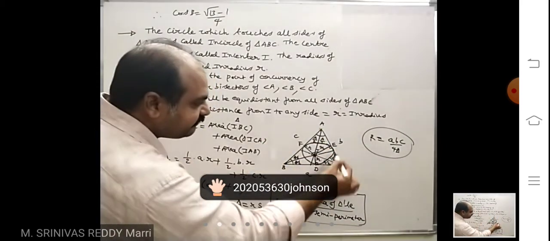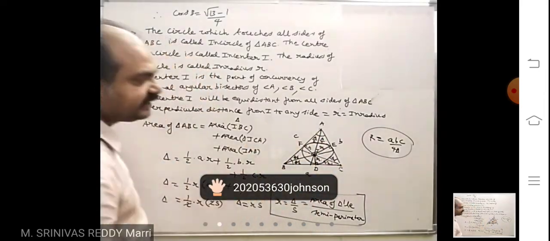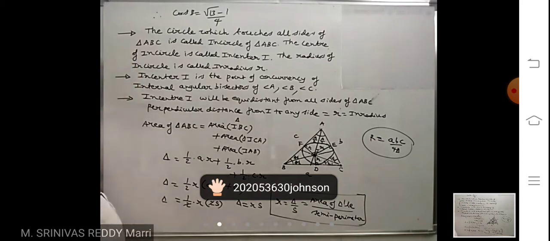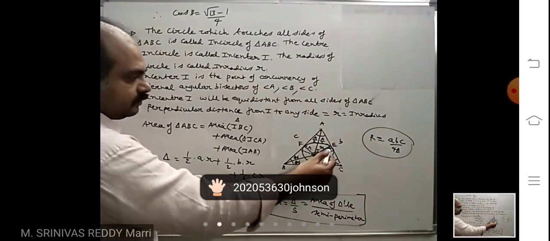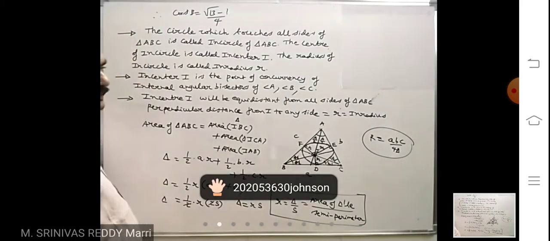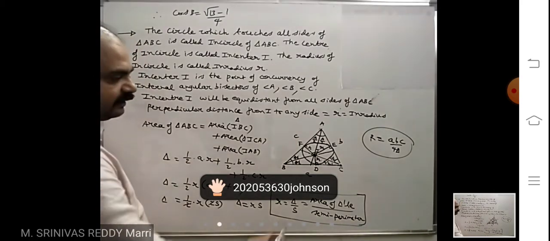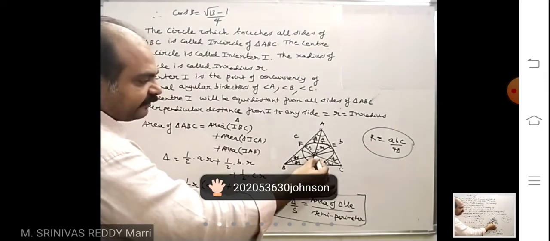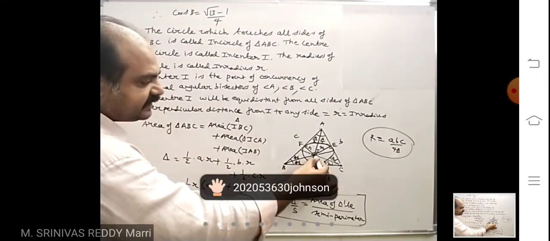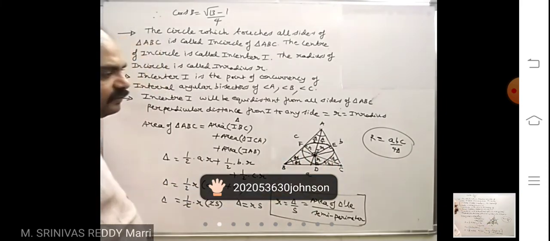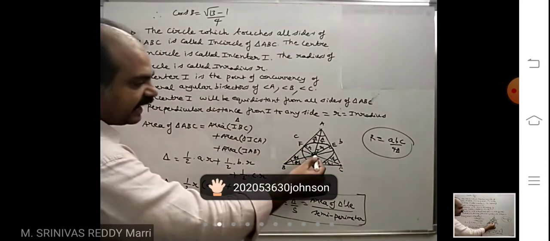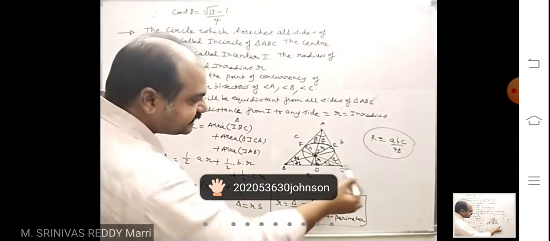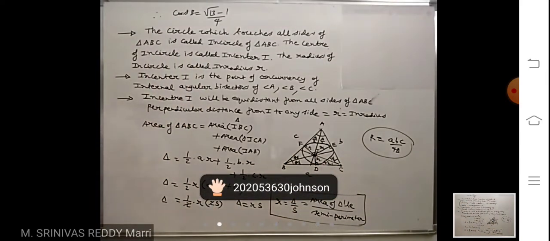The incircle will be inside, touching all the sides of the triangle. This is the formula you have to remember. The circle which touches all the sides is the incircle, its center is the incenter I, and the perpendicular distance from that point to each side is equal to the inradius. I is the point of concurrency of the angular bisectors of the triangle. These are the points you have to remember.